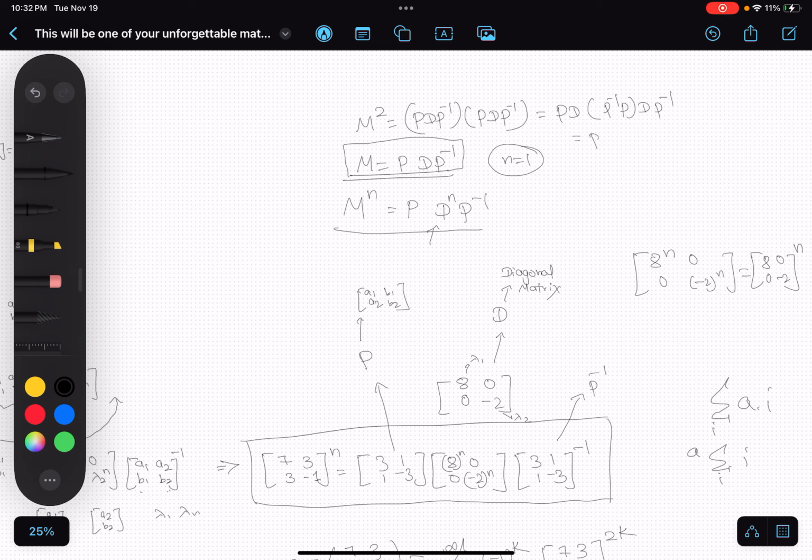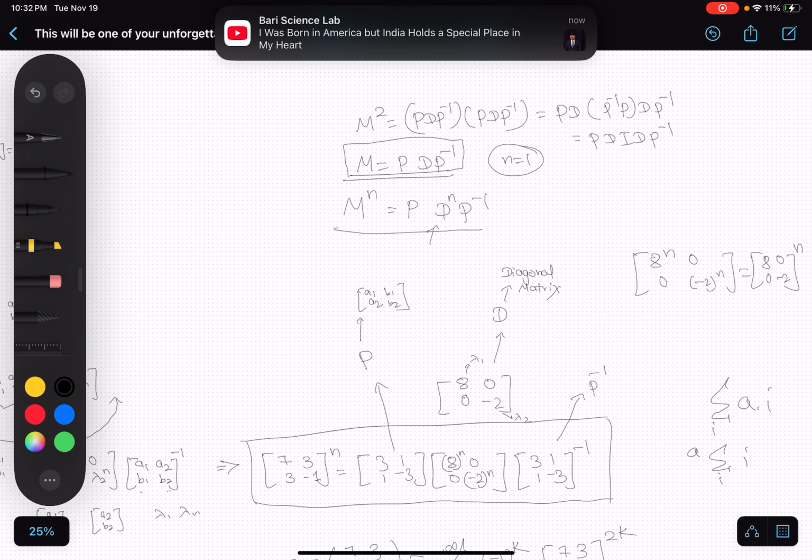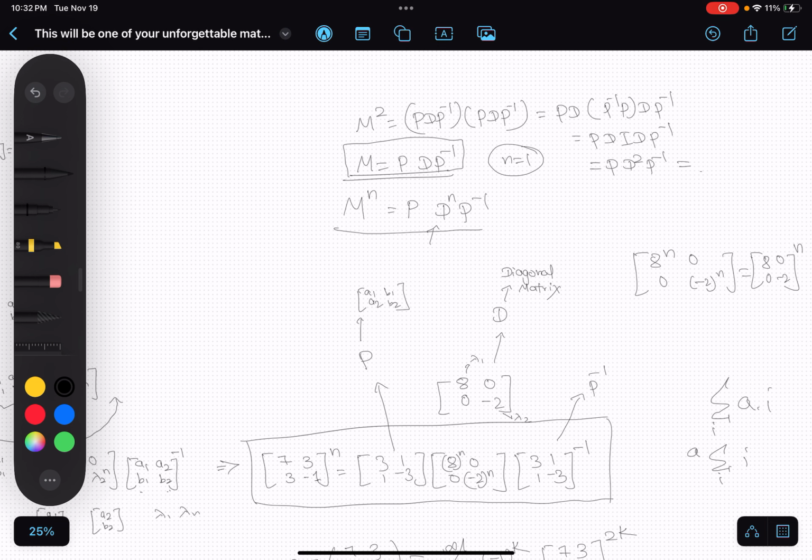So this is just P D I D P inverse, where I is the identity matrix, since a matrix times its inverse is the identity matrix. So this is just P D square P inverse. So we saw that M square is P D square P inverse. Similarly, by induction, we can argue that M to the power n is just P D to the power n P inverse.